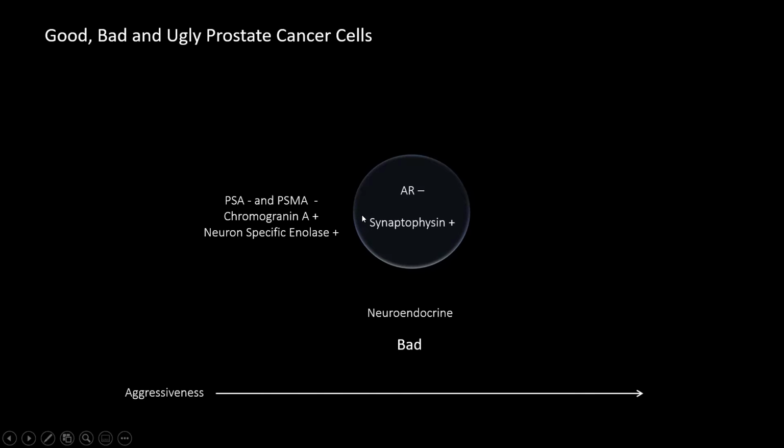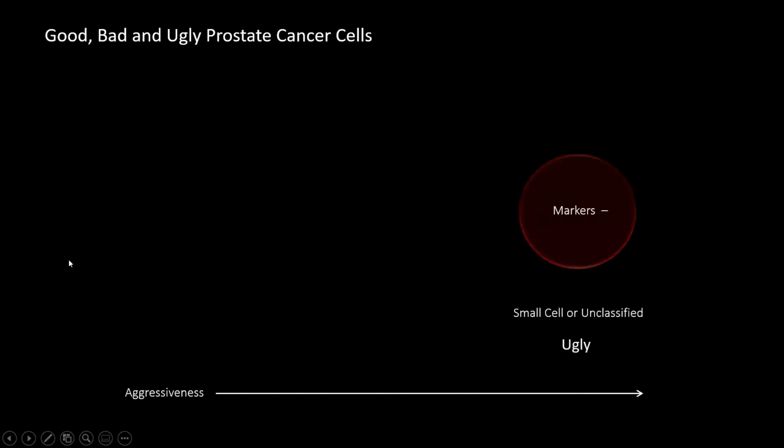These cells under a microscope tend to look more like nerve cells rather than prostate cancer cells, and they make things that you find in nerves, such as synaptophysin, neuron-specific enolase, chromogranin A. So these are bad cells. They do not play well, and they're difficult to treat.